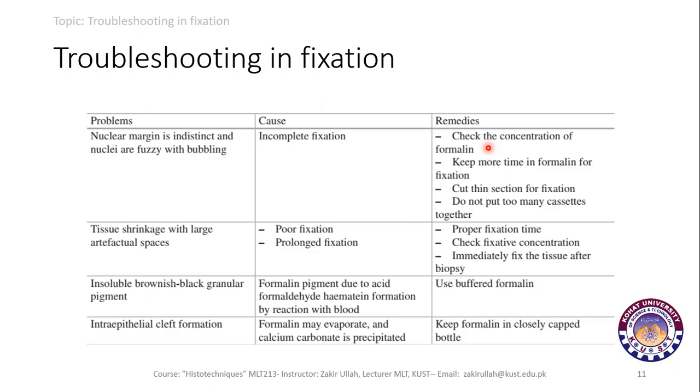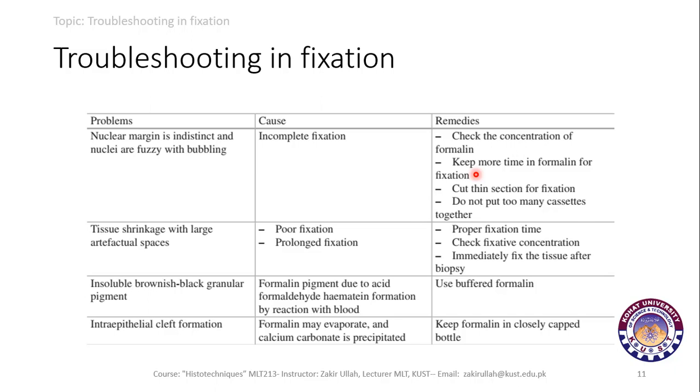first check the concentration of the formalin. If the concentration of the formalin is not proper, then make it proper or put the tissue in buffered formalin. The second remedy is to keep the tissue for more time in formalin for fixation.